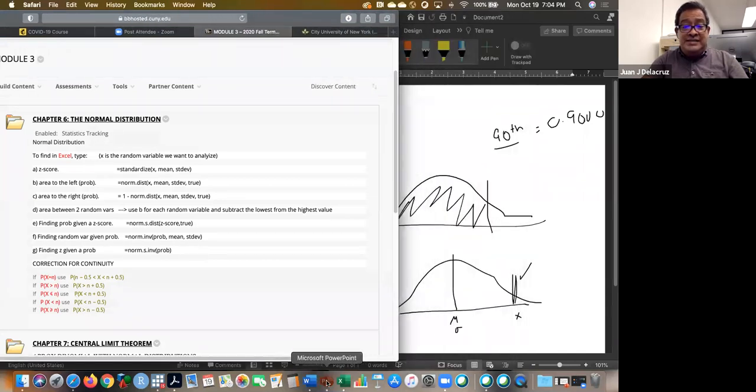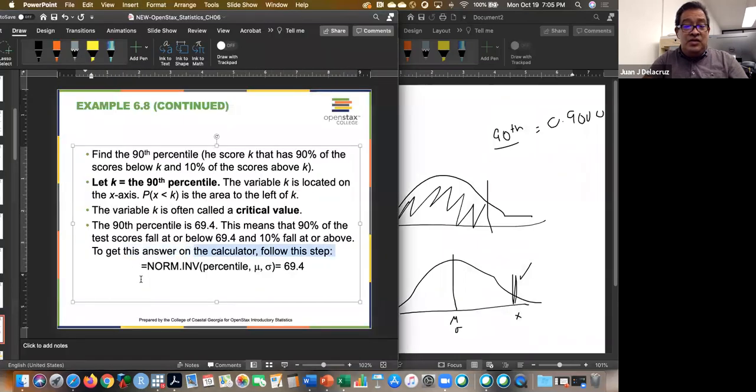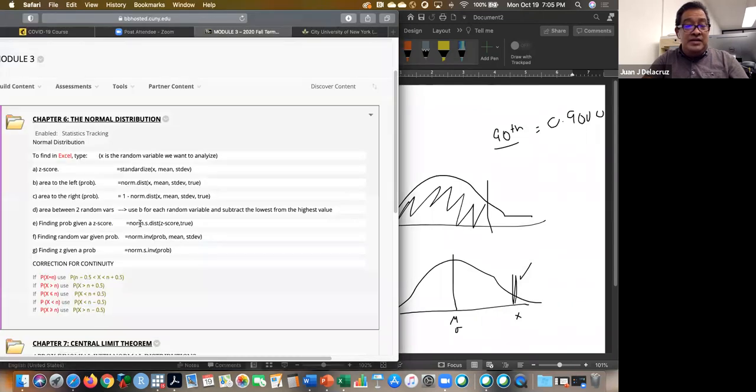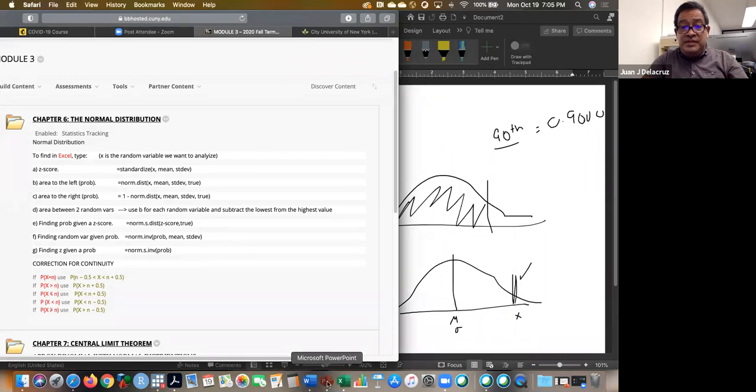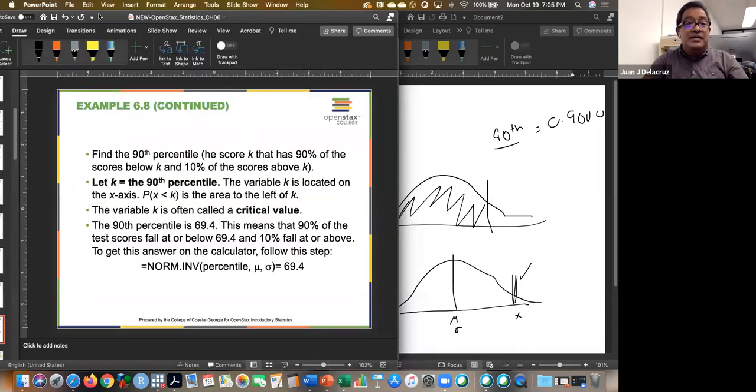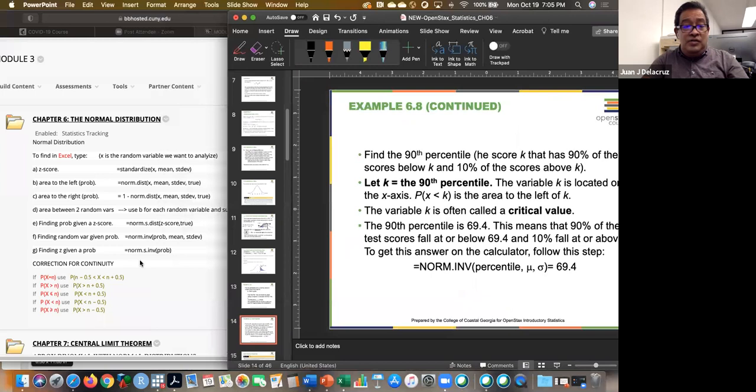In this case, for this code, the norm inv, I need the percentile, mu, and sigma. That is basically gonna tell me the following. So norm inv, that's gonna be the one.